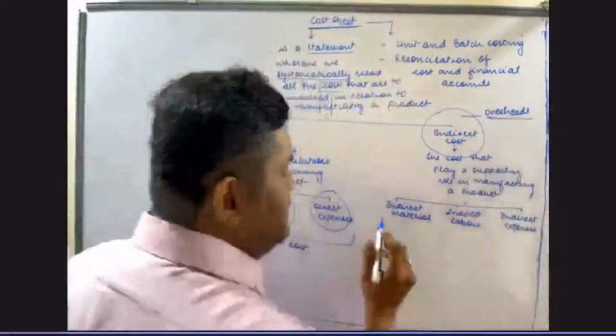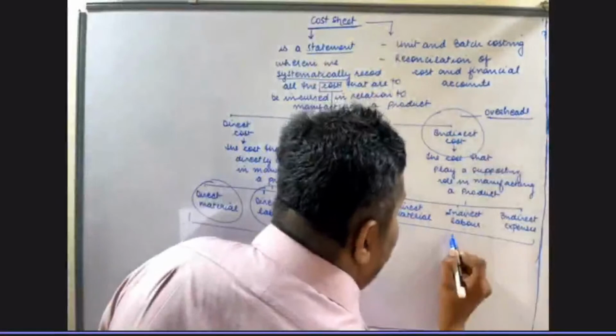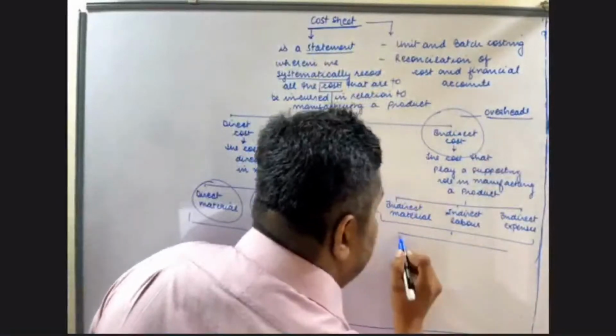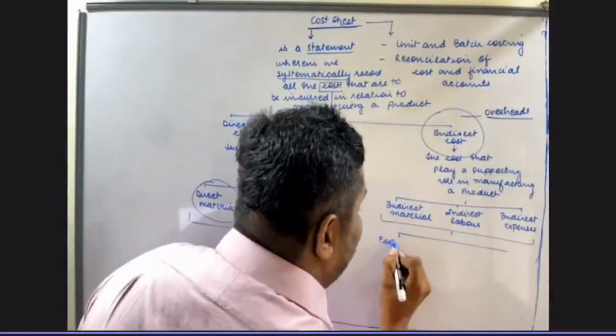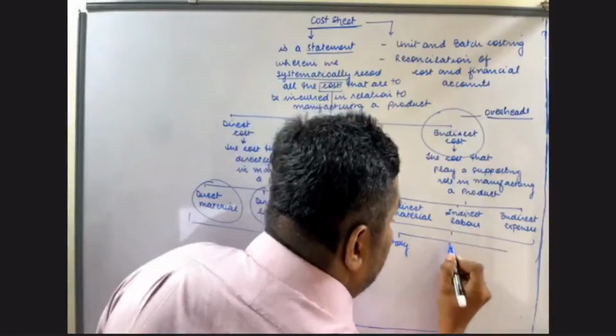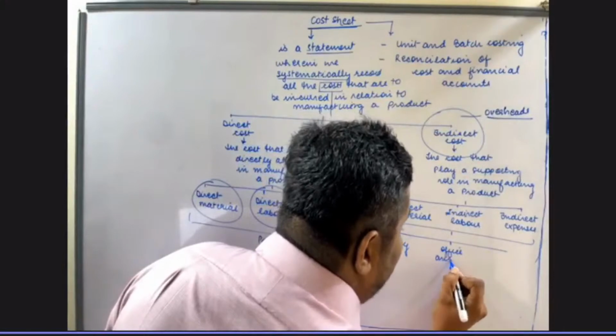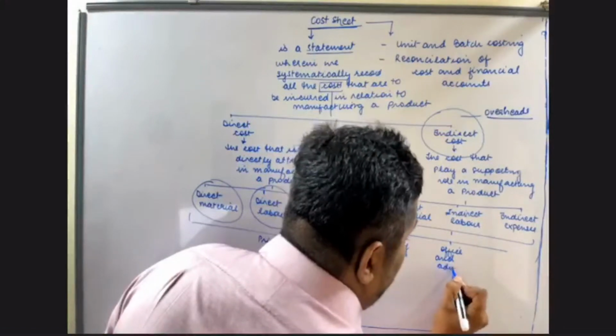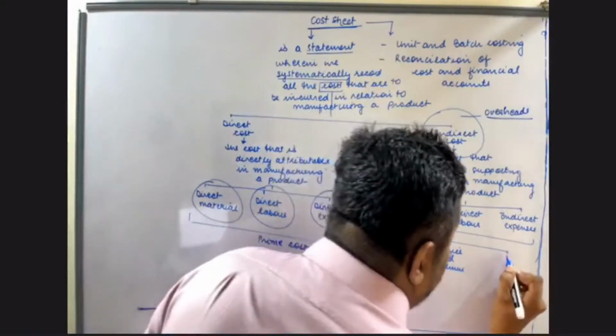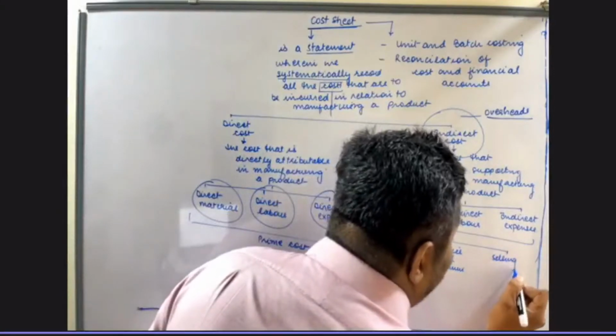And this indirect cost is further incurred at 3 stages: at factory level, office and administration level, and selling and distribution level.